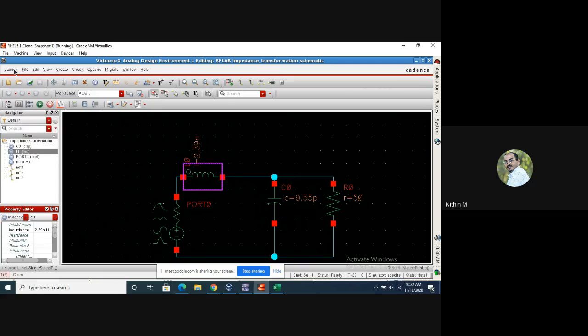All right, now let me launch ADL, and we are expecting resistance at the input side close to 5 ohms at the center frequency of 1 giga.